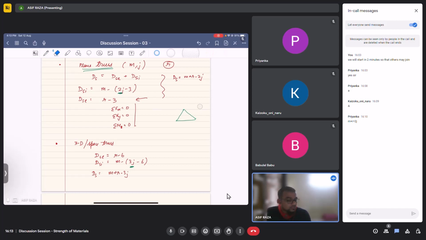So for this case we have 3 members. Why 2j? Each node is joined by 2 members.